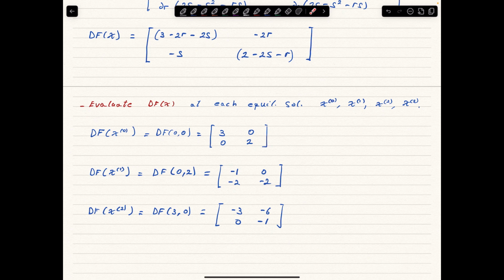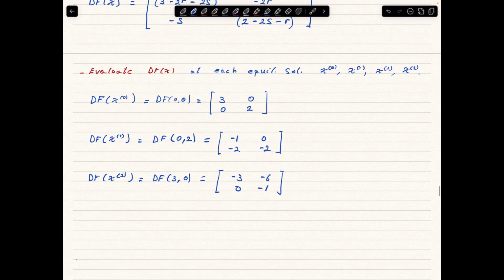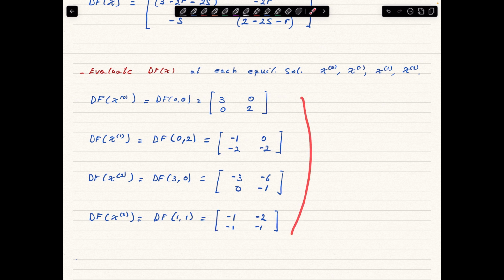And we have the most complicated of all the critical points, which is the derivative matrix at the point x3, which is the derivative matrix at the point 1, 1. If we do the calculation, we should get negative 1 and negative 2, negative 1, negative 1. That is what we get when we do the four linearizations, the four derivative matrices at each critical point.